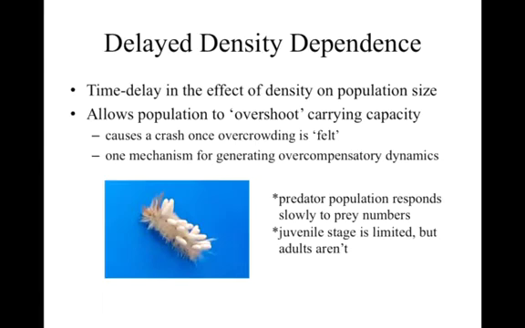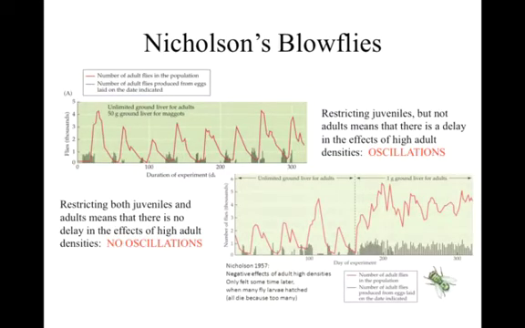Another option is where the juvenile stage is limited, but adults aren't. This is a very famous example of one of the first systems where overcompensatory dynamics were studied in a controlled way. The system is known as Nicholson's blowflies. Nicholson had this idea that you would get overcompensatory dynamics when you had this delay in the crowding effect.